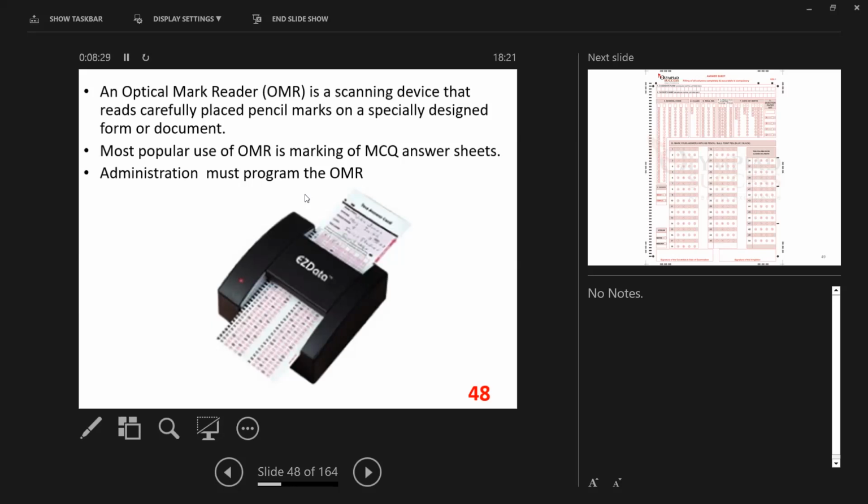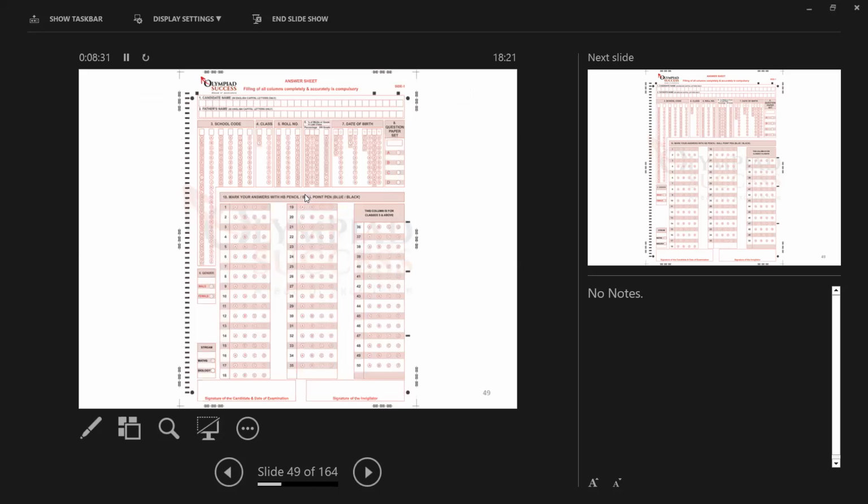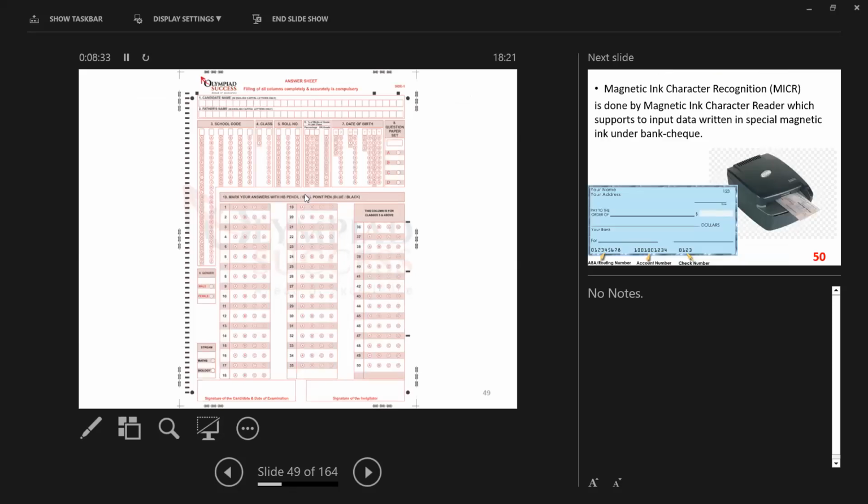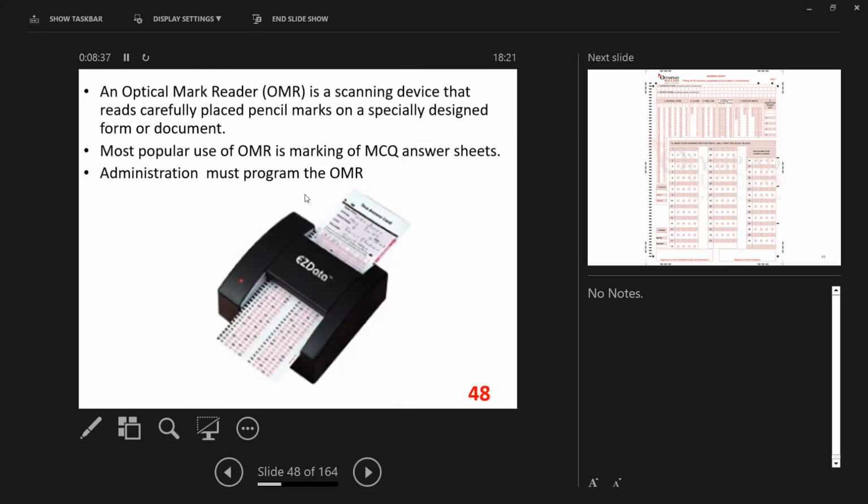It's very fast. The error depends on the person filling the form as well as on the program. If the programmer makes a mistake, there will be an error, as well as if the person filling the form makes a mistake.